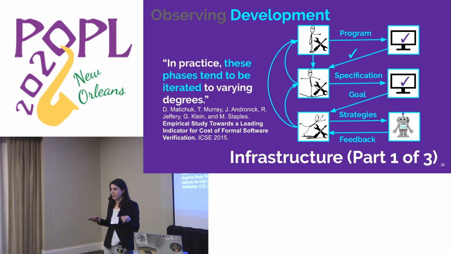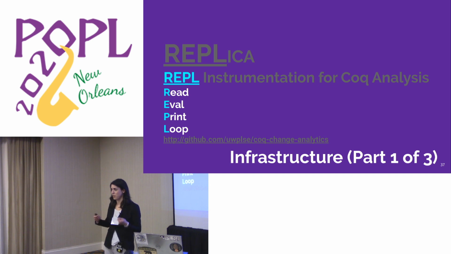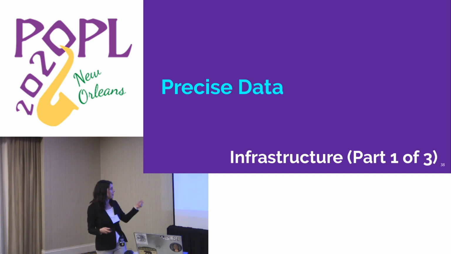And this matters to us because the proof engineering tools that we develop can help the proof engineer at any point along this process. So when we're doing a user study, we want to make sure that we can see this entire process. And if you look at something like version control data or artifacts, you'll miss out on a lot of this. So by instrumenting the REPL, we're able to see this whole process, which gives us really precise data.